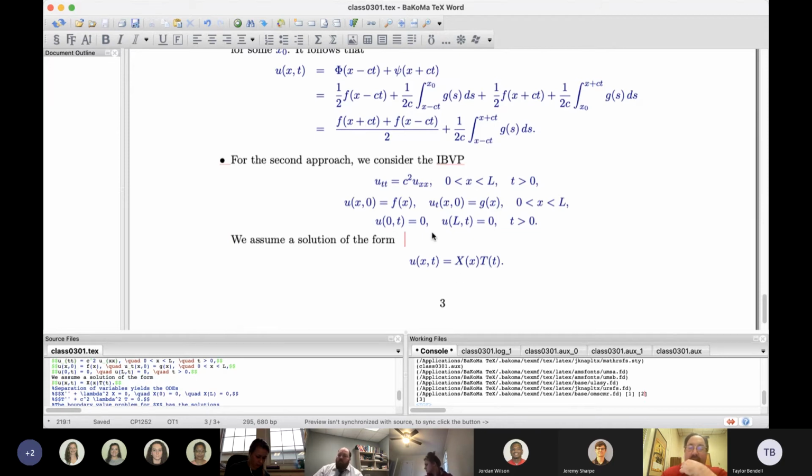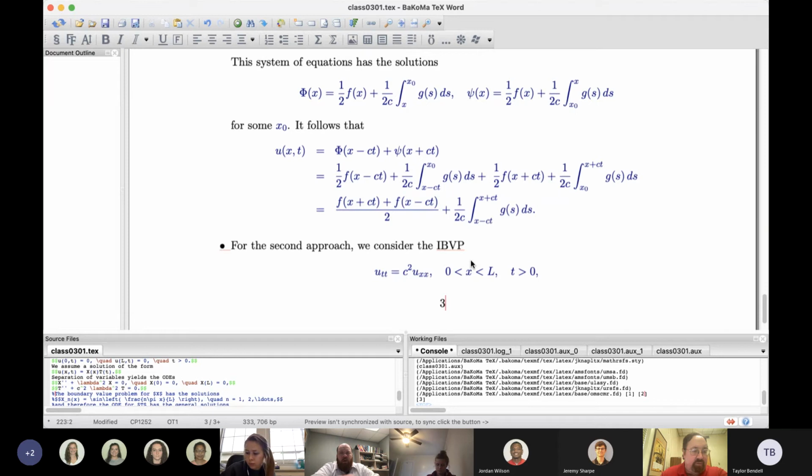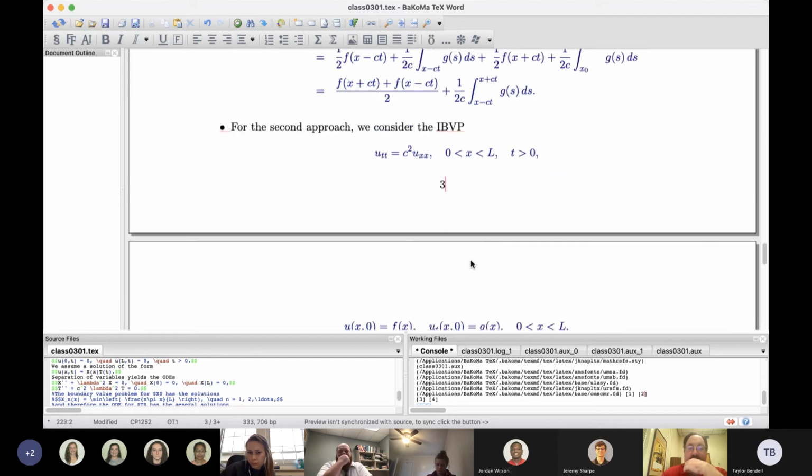So using separation of variables, like from the very beginning, you end up with the same kind of situation where you have an expression depending on x equals an expression depending on t, therefore both must be a constant. So that part plays out no differently than it does for the heat equation.